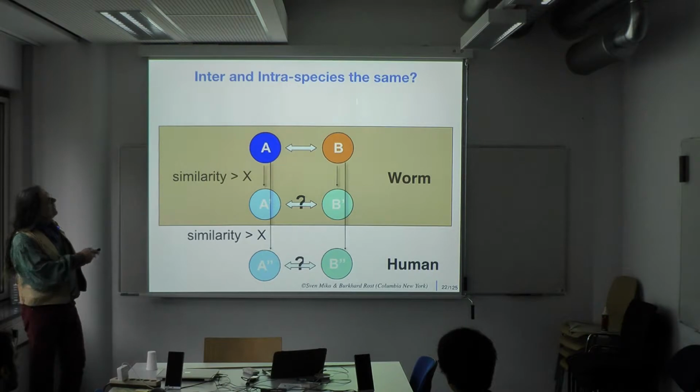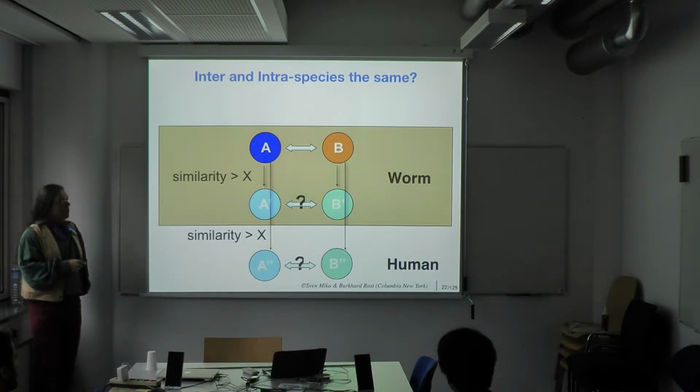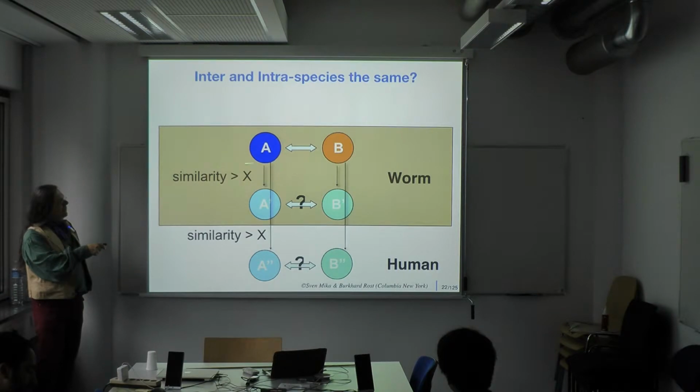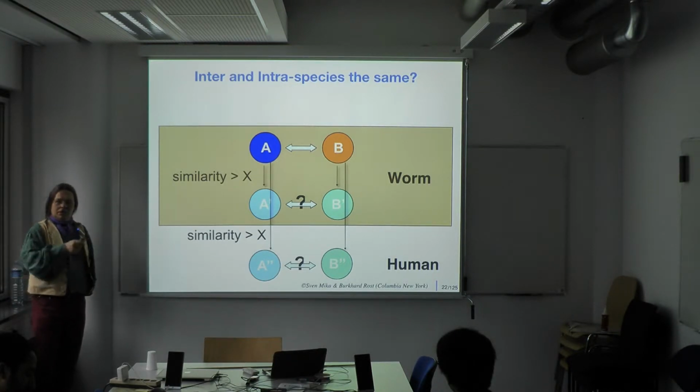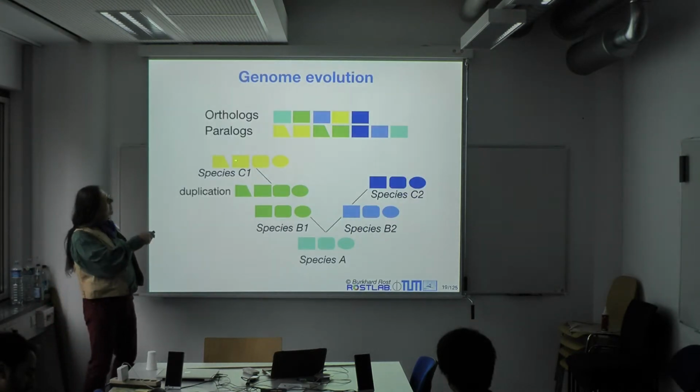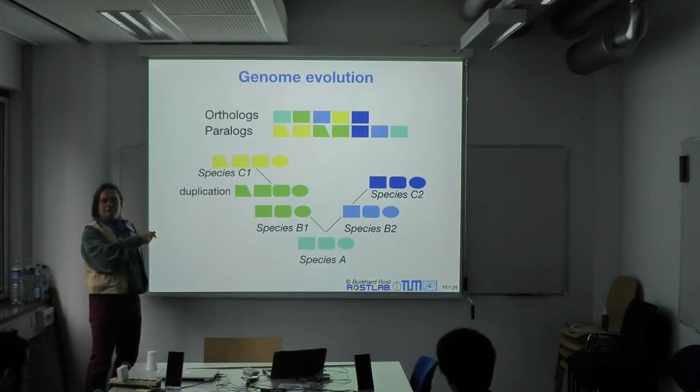Now let's rephrase this issue of homology-based inference for protein interaction in the context of different species. Now we have 2 possibilities. We can say, okay, A and B I know experimentally interact. I have a protein A prime and another one B prime. They are similar, but they are all in worm.